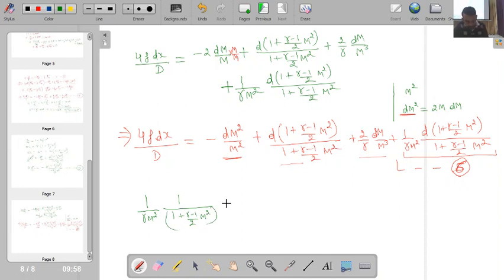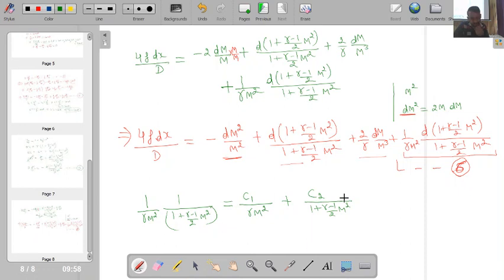So this I can write in terms of C1 divided by gamma M square plus C2 divided by 1 + (gamma minus 1)/2 M square. Up to this point, is it clear?